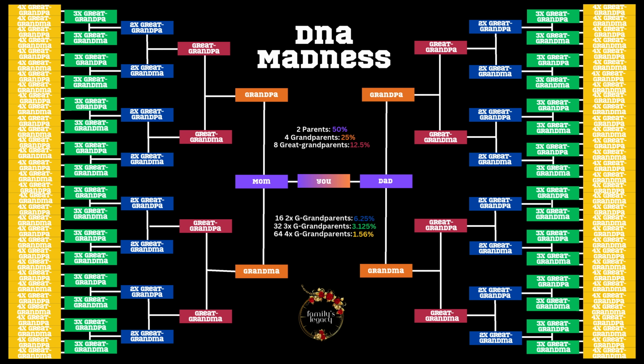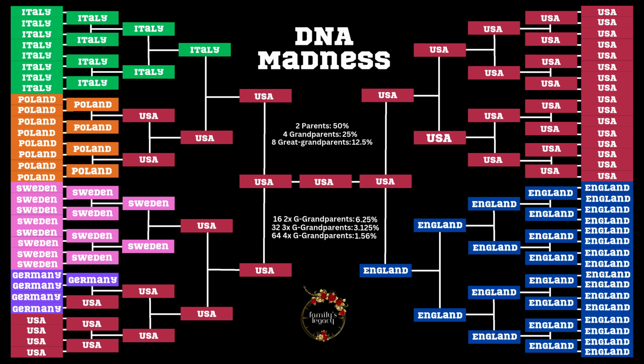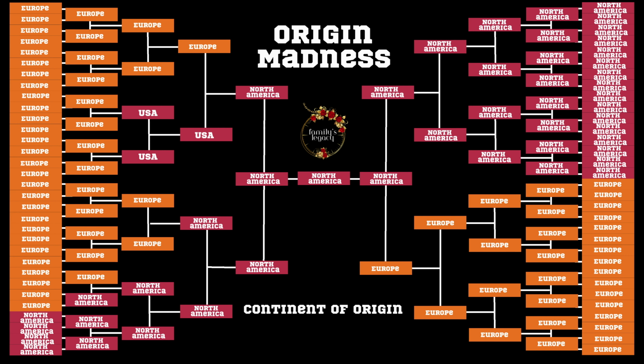You could even personalize this DNA bracket so that the colors align instead with the birthplaces of your ancestors, giving you a more clear picture of your heritage. And then, of course, down the middle, I have those more specific percentages, but of course, they are rough estimates, keep in mind.